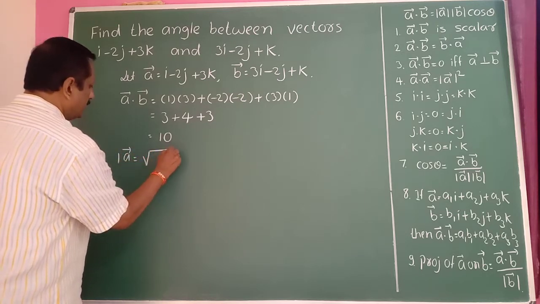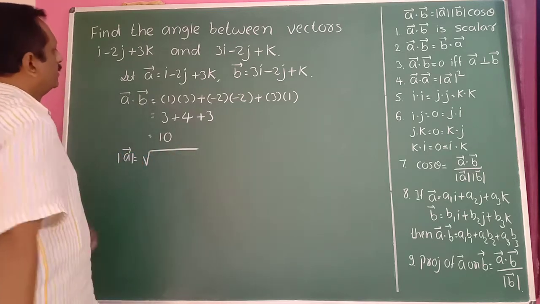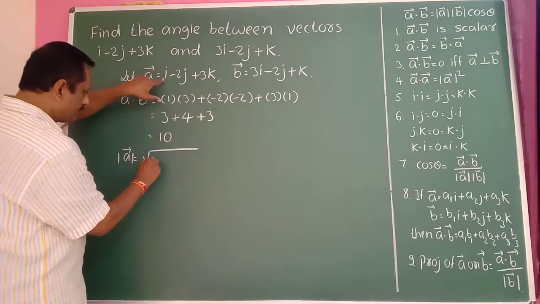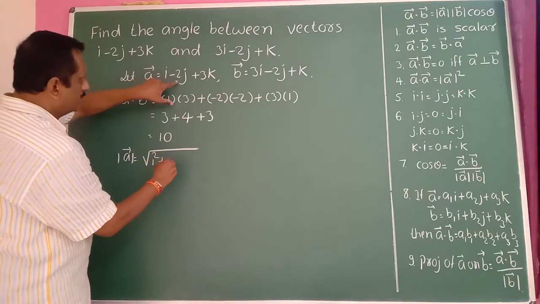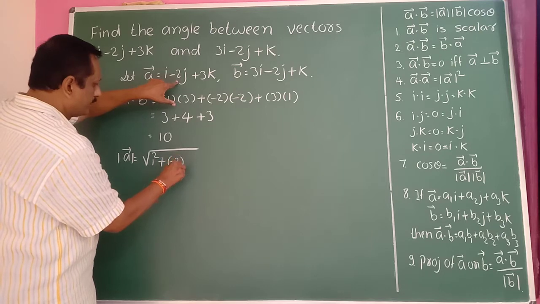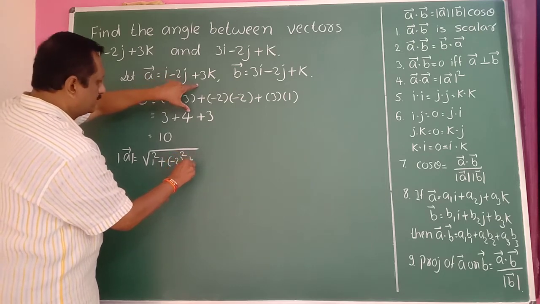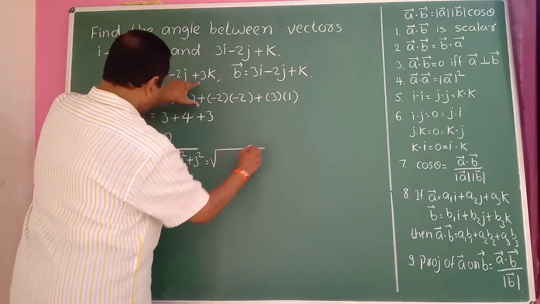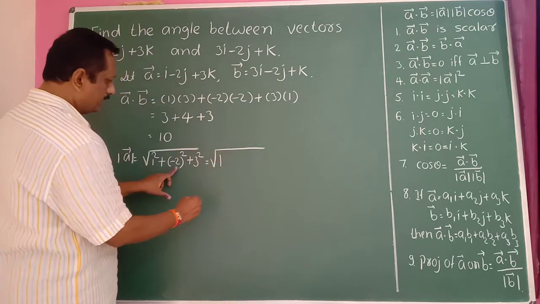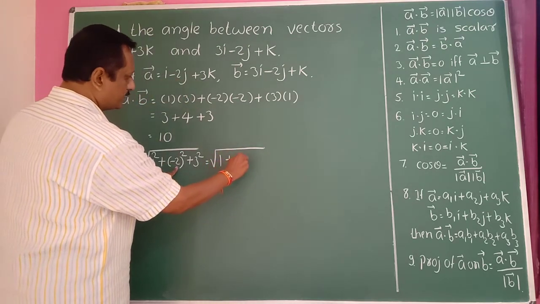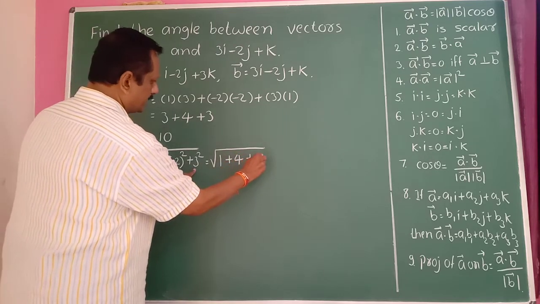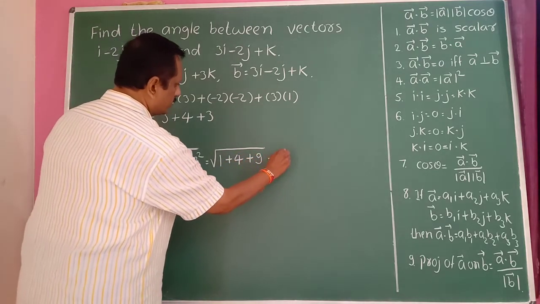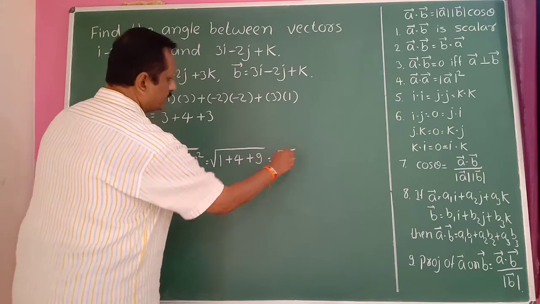Then we find modulus of a bar. Modulus of the vector a bar is root of 1 square plus minus 2 square plus 3 square, that is root of 1 plus 4 plus 9, which gives root 14.